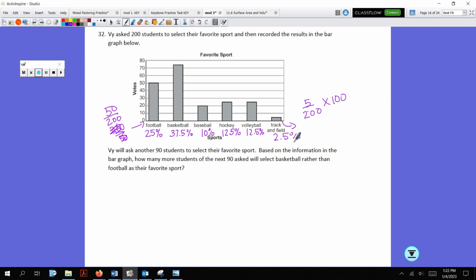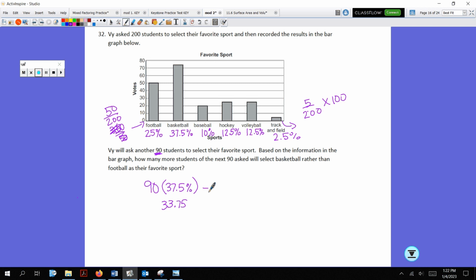Sorry, how many students would go in the denominator, right? Here they're asking about 90 students. They want to know how many more students of the next 90 will select basketball rather than football as their favorite sport. So I take my 90 students times the basketball 87.5%, which gives me 33.75. Let me just double check. 33.75.